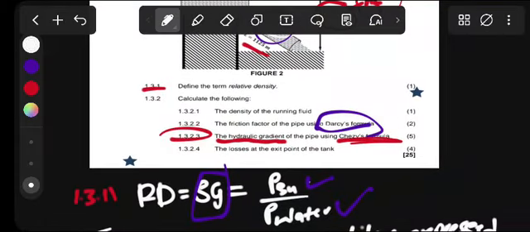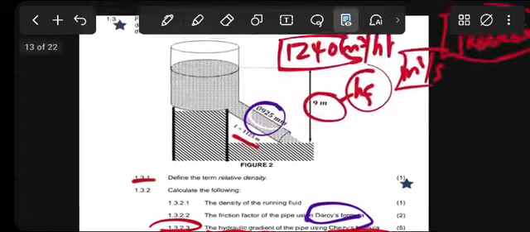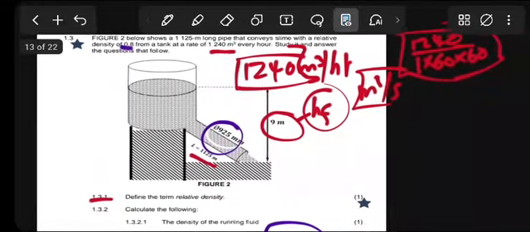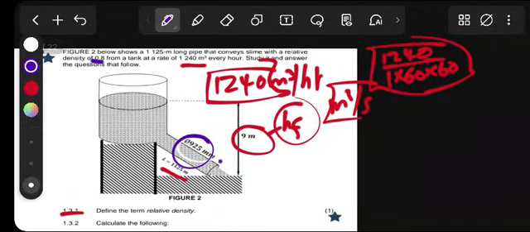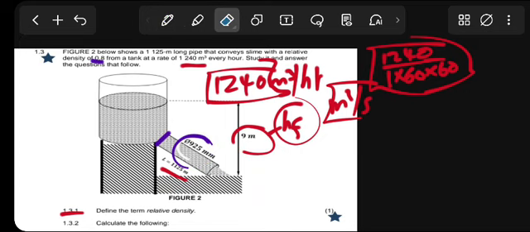The last question says the losses at the exit point of the tank. The losses at the exit of the tank here, not of the pipe, guys. This is a pipe here.